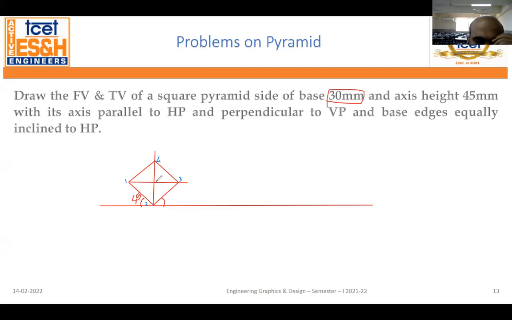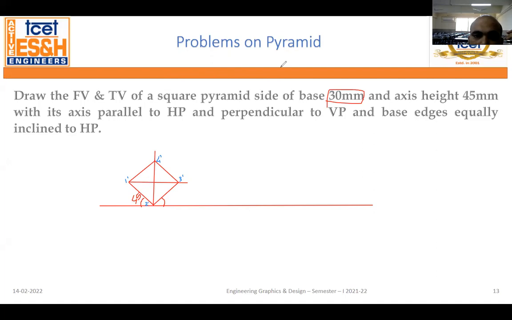You have to make a light line and accordingly you make it. As it is above the xy line, VP is above, so you have to make a dash. Make everything light. I'll tell you at the last what are the things you have to make dark.